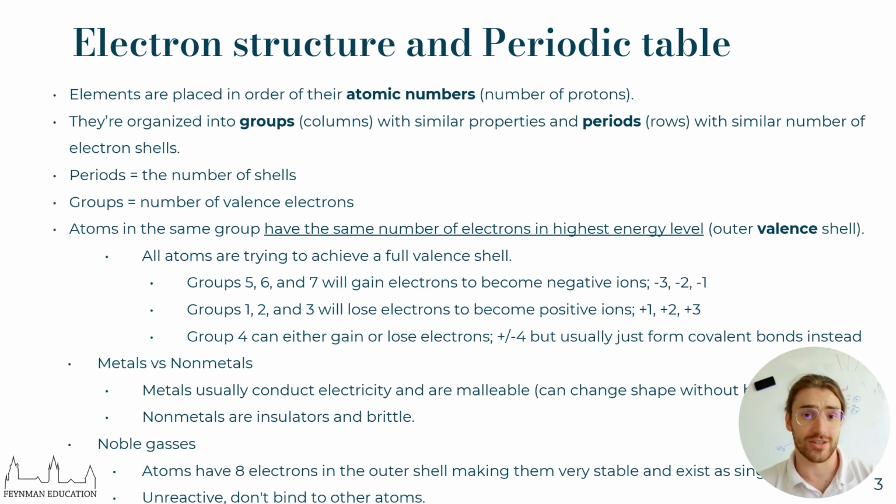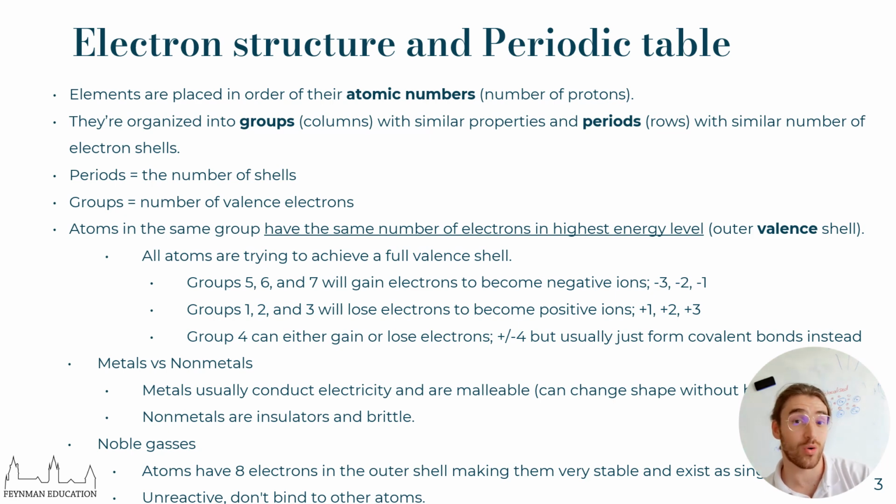From group 1 all the way to group 3, it is easier to lose 1 electron if you're in group 1, 2 electrons in group 2, or 3 electrons in group 3, than it is to gain those electrons.